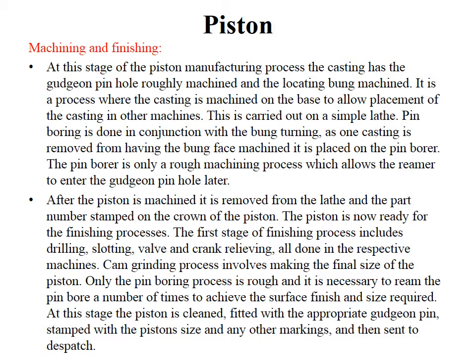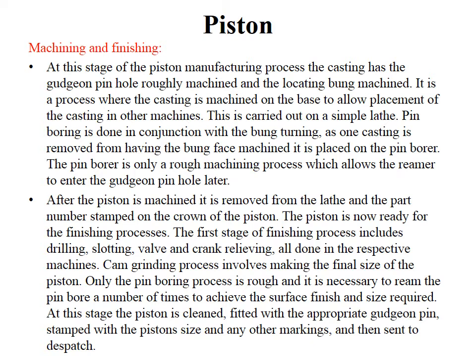After this, the piston will be removed from the lathe, and then the piston number will be stamped on the crown of the piston, which is nothing but the topmost flat part of the piston. Once this machining for the bores and holes is done, then comes the finishing process.